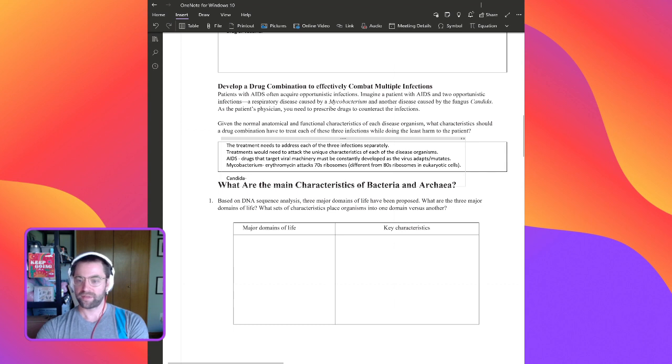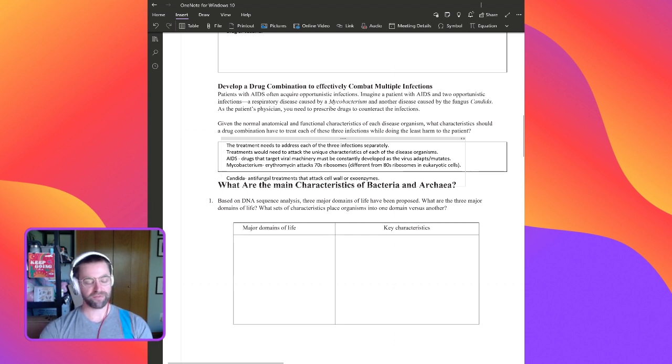So there are antifungal treatments, targeting the cell wall or exoenzymes. If you've ever seen athlete's foot cream, that's specifically for treating tinea.